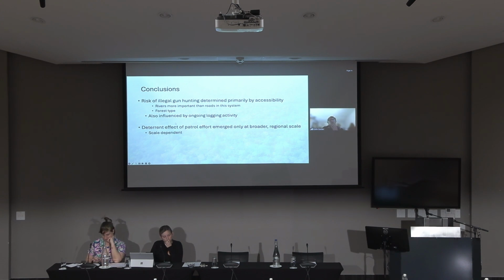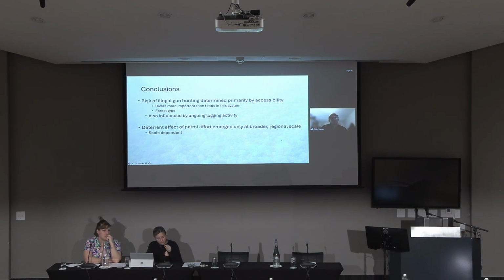But then when we looked at this further by zooming out and considering patrol effort in a broader, more regional sense rather than site by site, when we looked at overall monthly patrol effort across the entire study grid, it did have a small effect and it reduced grid-wide gunfire event rates. So that suggests that the effective patrol effort is scale dependent, and the scale at which patrols are most effective needs to be further examined because that's one thing that will really help in optimizing the allocation of patrol resources.